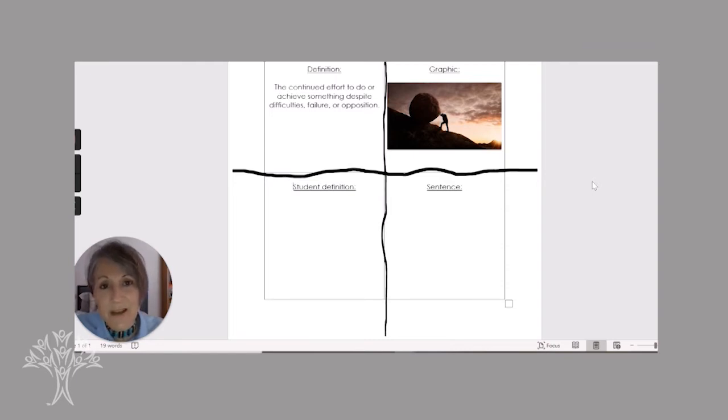Down in the third box, I put what's called the student definition, and it's really just a definition that's in more kid-friendly or student-friendly words, okay? So let's do that now. Let's go ahead and add that.